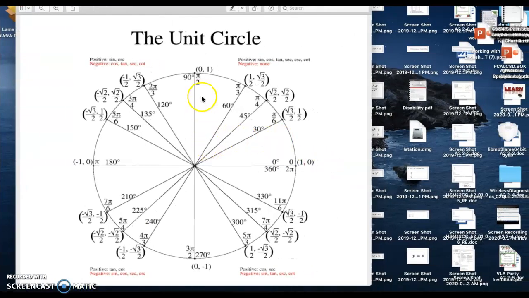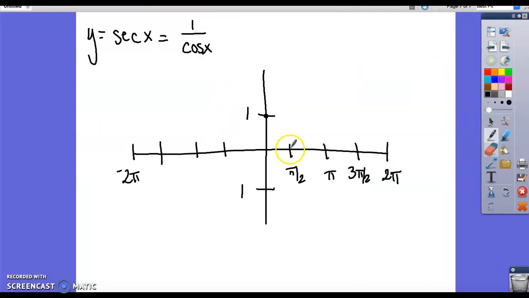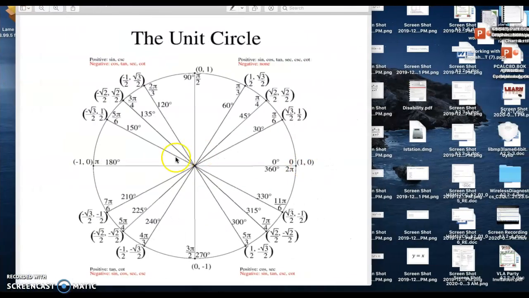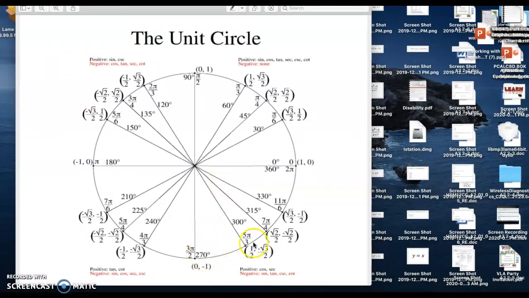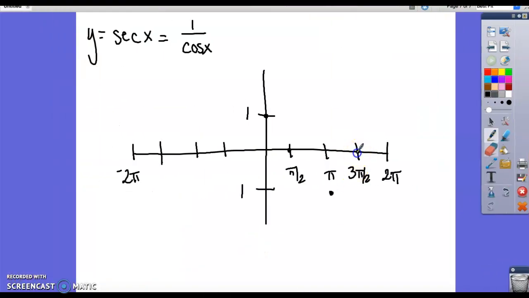Okay, at pi over 2, cosine is 0. At pi, cosine is -1. At 3 pi over 2, the cosine is 0. And at 2 pi, the cosine is +1.